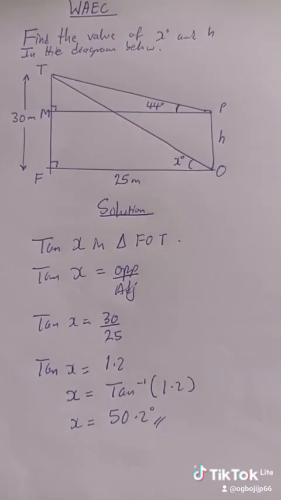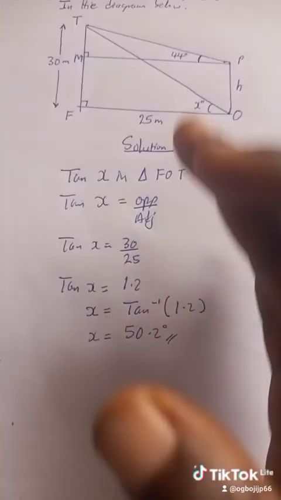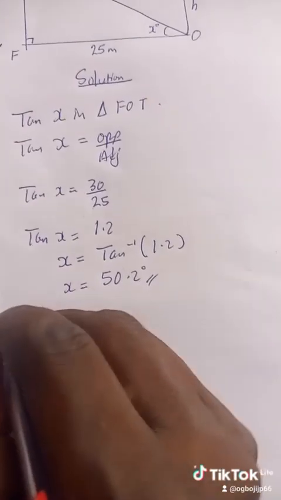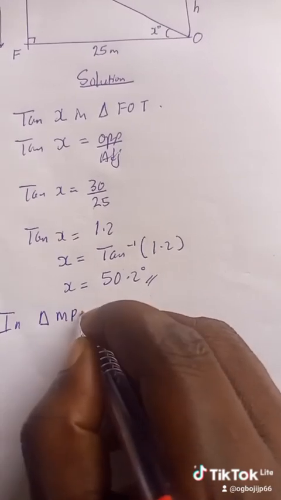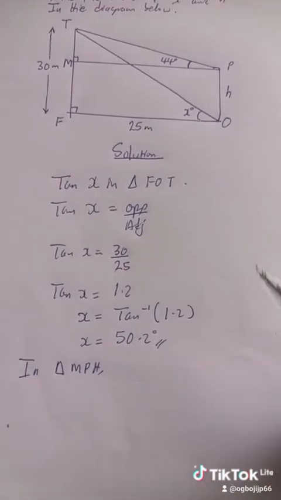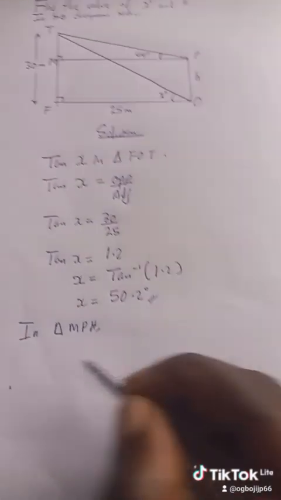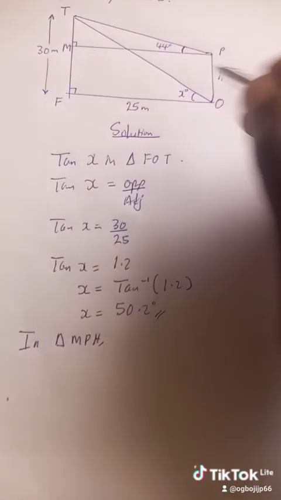Are we good? All right, let's get to it. We have to lay emphasis on where we are laying our reference now. We're talking about triangle MPT. In triangle MPT, we are still using the value of tan, because we are dealing with opposite and adjacent. But this time around, our theta is 44 degrees, which is given.